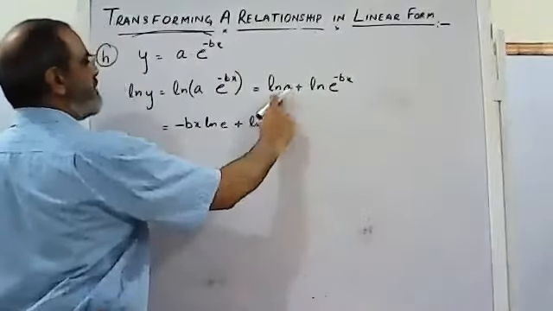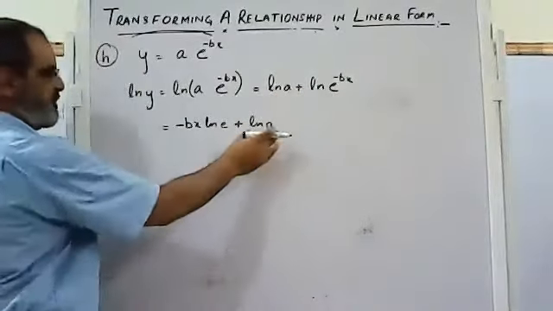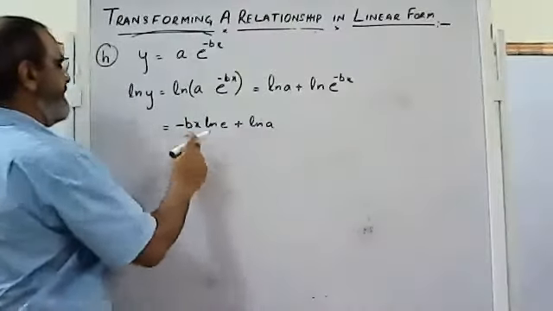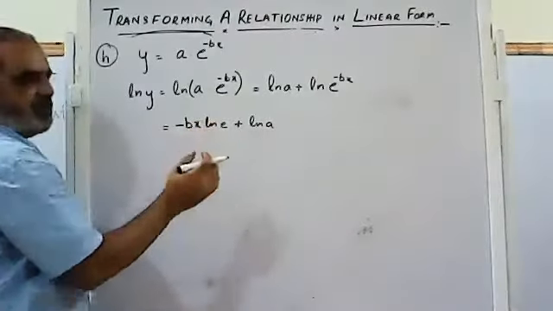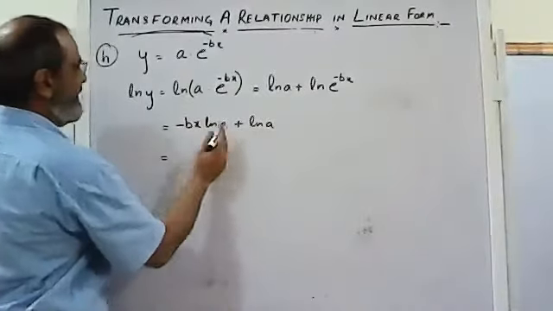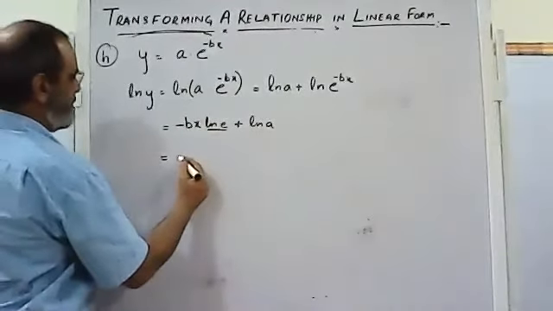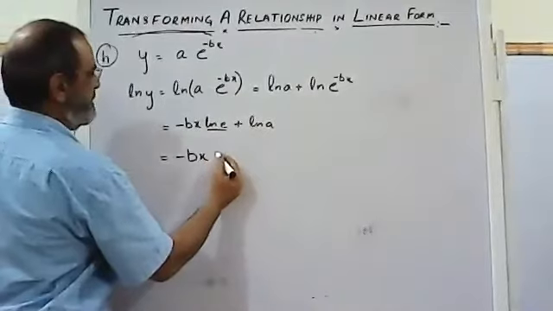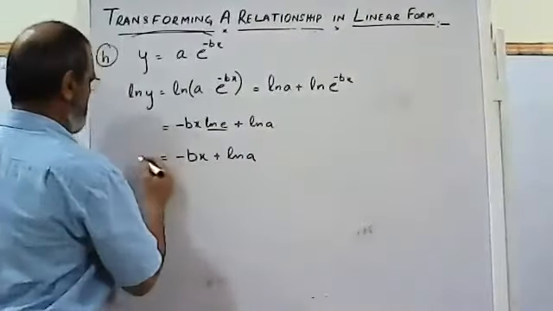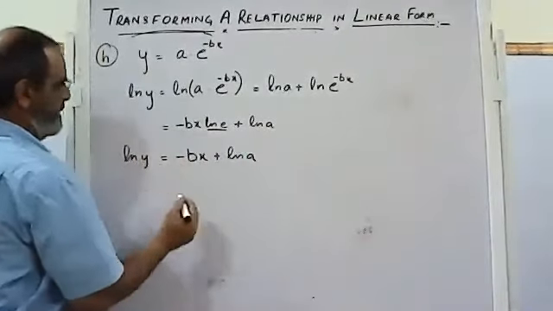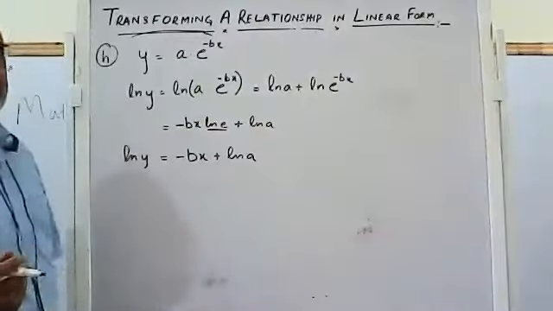I have just switched the places of these two terms so that the constant term comes at the last, and the variable x is the first term on the right side. ln of e is 1, so it is left with bx plus ln of a for ln of y. So this is our final linear equation.